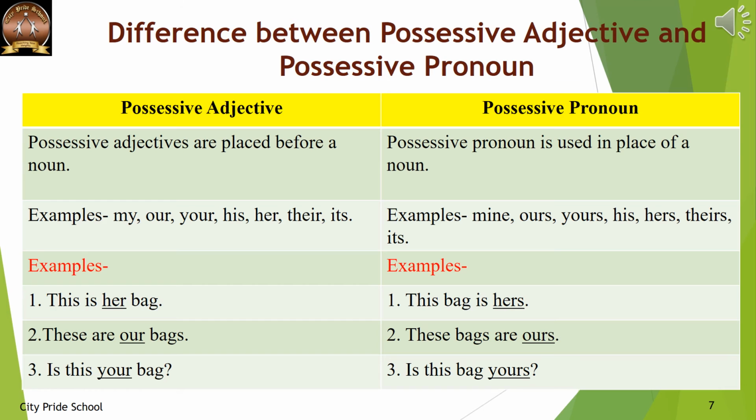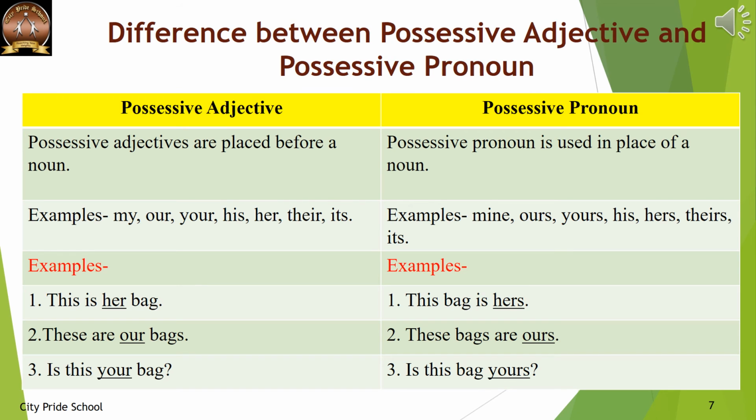So here again, ours is a possessive pronoun. Is this bag yours? So in this sentence, yours is the possessive pronoun. Possessive pronouns always come at the end of the sentence and usually they have a verb before them.